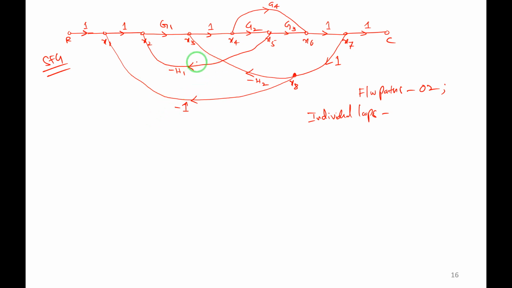I will be doing it, but any of you have to tell. Okay, let me start. Big loop. Observe here, a very big loop. 1 to 2, 2 to 3, 3 to 4, 4 to 5, 5 to 6, 6 to 7. From 7 I will come to 8. From 8 I will go back to X1.